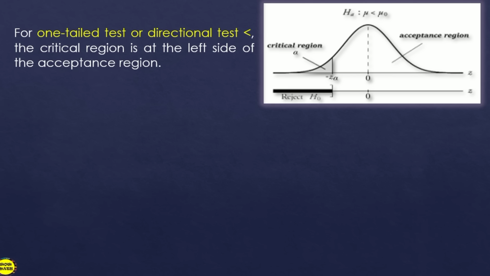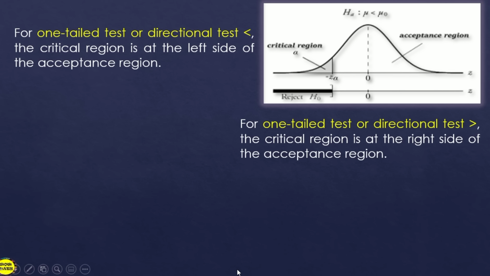So kung makikita nyo nga dito sa normal curve natin or dito sa graph natin, kapag less than, it is a one-tailed test, and then yung critical region natin o yung rejection region natin ay nasa left side. Okay? So ibig sabihin simula dito, papunta doon, yan yung non-rejection region natin o tinatawag na acceptance region. So again, itong line na to, that is the critical value.